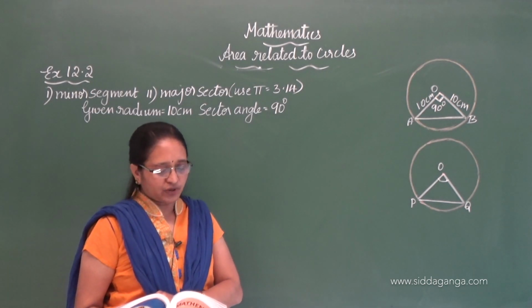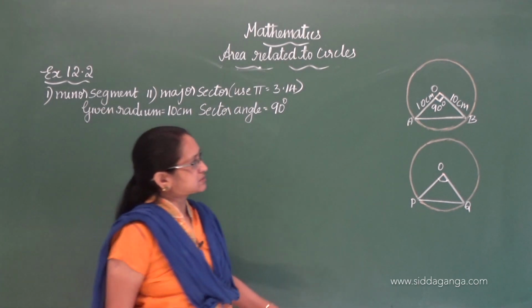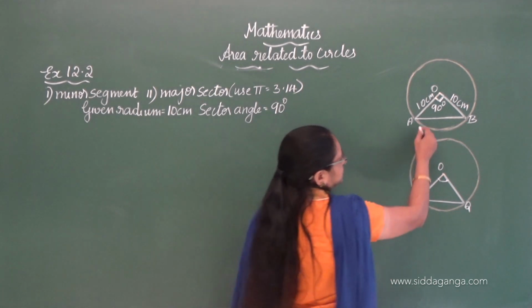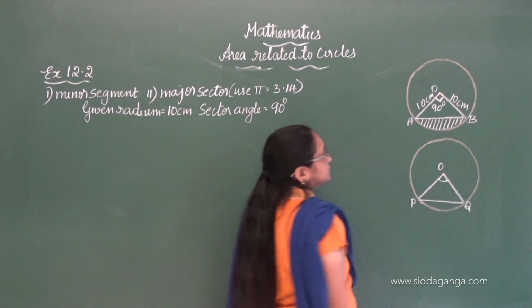And find the area of the corresponding minor segment. The minor segment is the one related to this chord, you have to find out the first one.